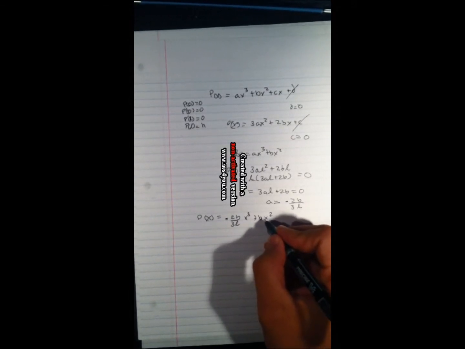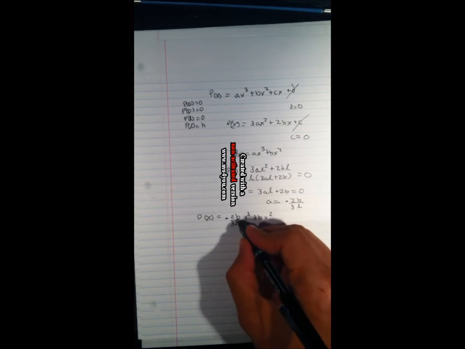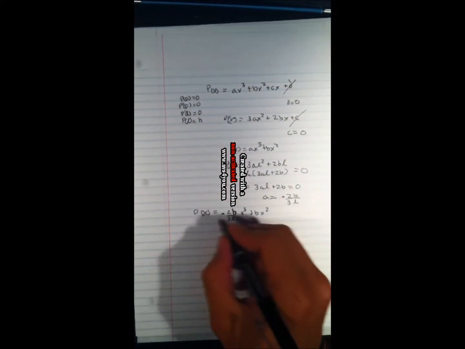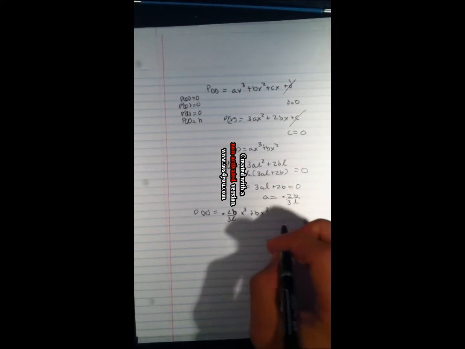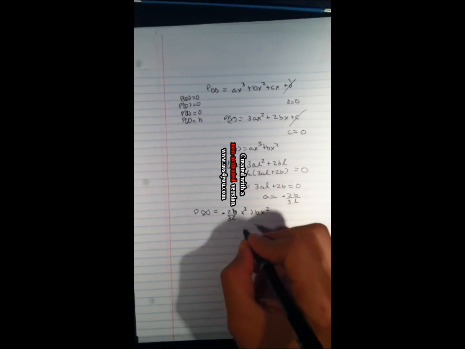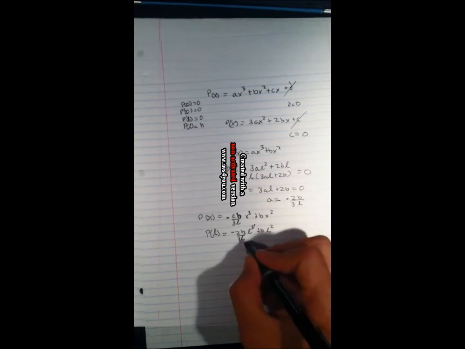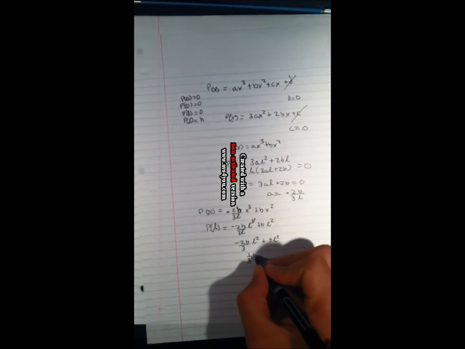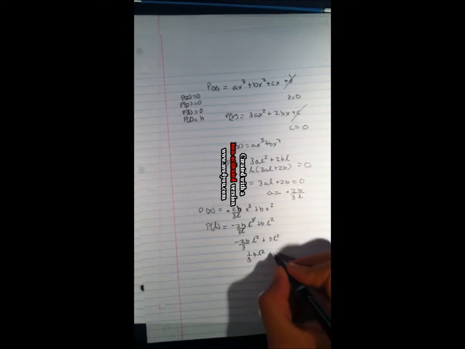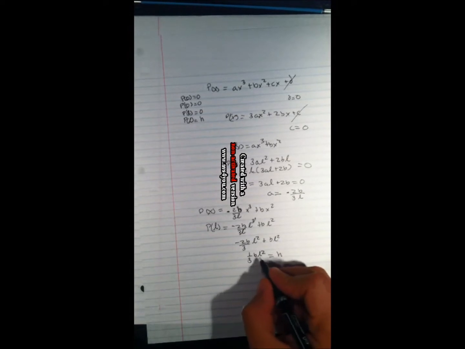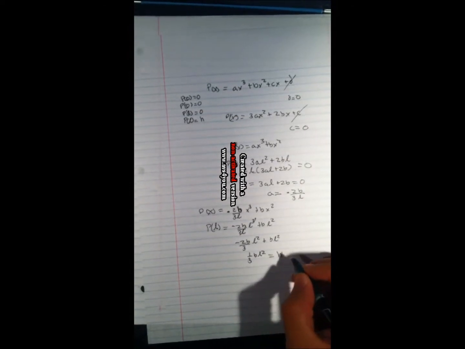Now we're trying to find b in terms of h and L. So our last condition is p of L equals h. We can substitute L back into our equation and set the function equal to h. One third bL squared equals h, because remember, p of L equals h.